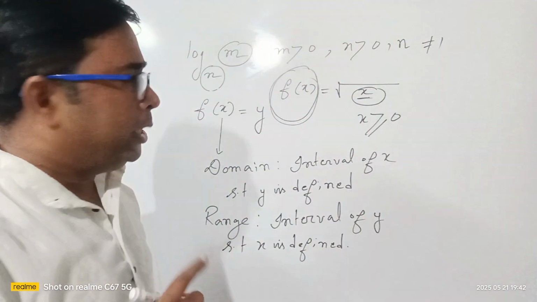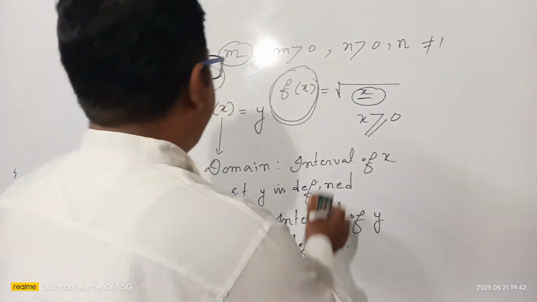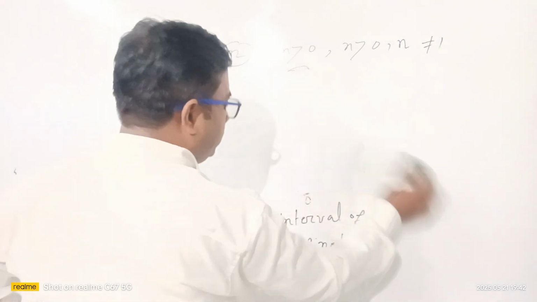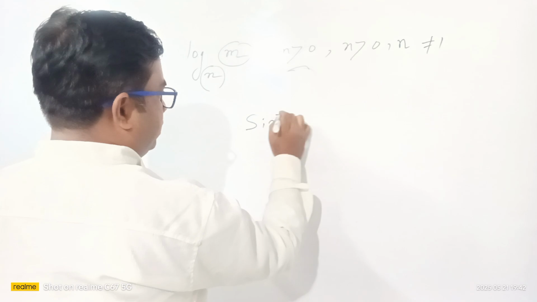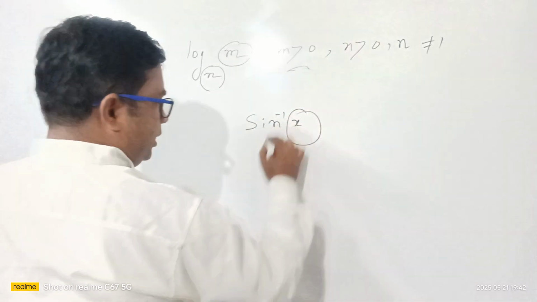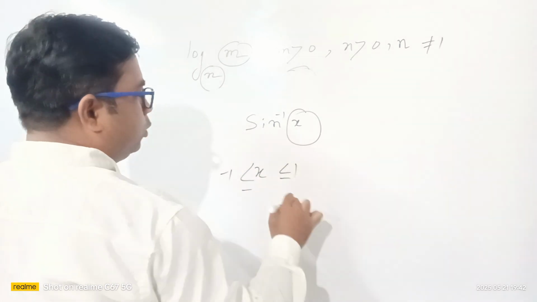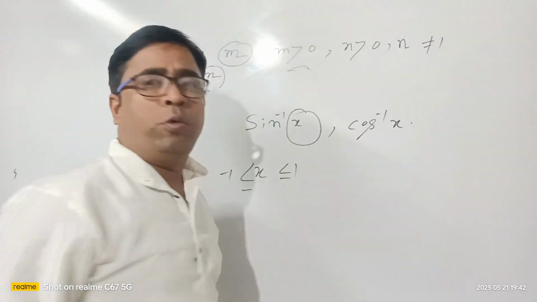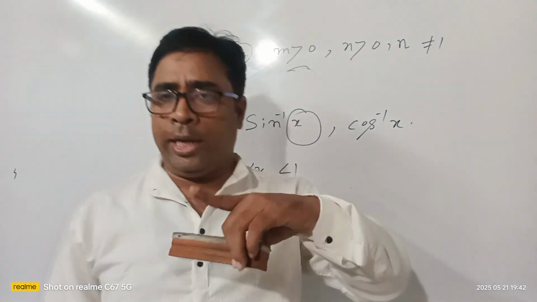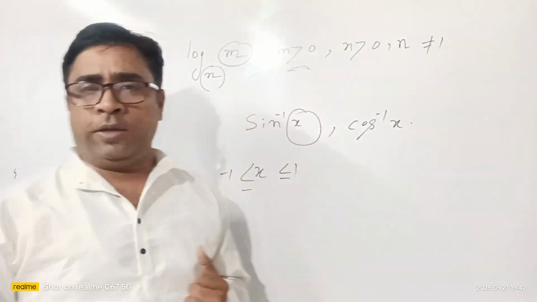Okay. Now, similarly, if we take any inverse trigonometric function, for example sine inverse x, this x always lies from -1 to +1, and this is valid for cos inverse also. So whenever we find the domain and range of a function, we have to know the properties of these types of functions.